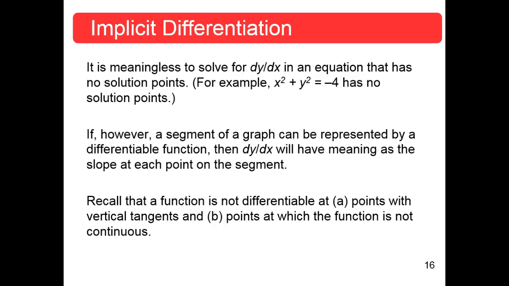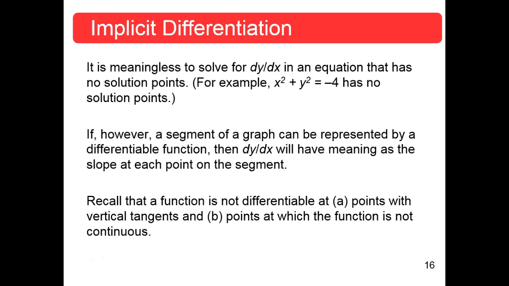It's meaningless to solve for dy/dx in an equation that has no solution points. For instance, x squared plus y squared is equal to negative 4. Why don't we just implicitly differentiate? Yes.